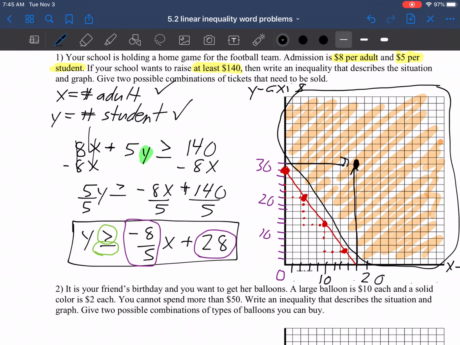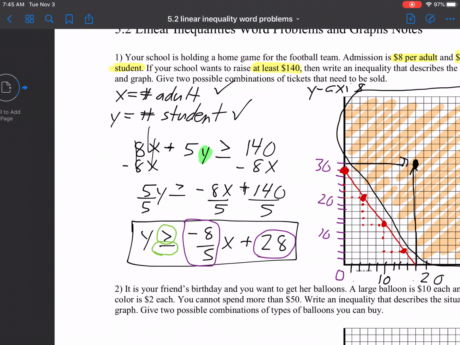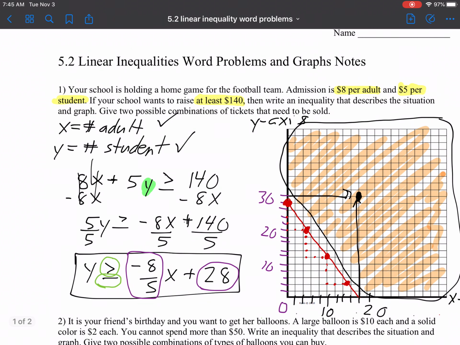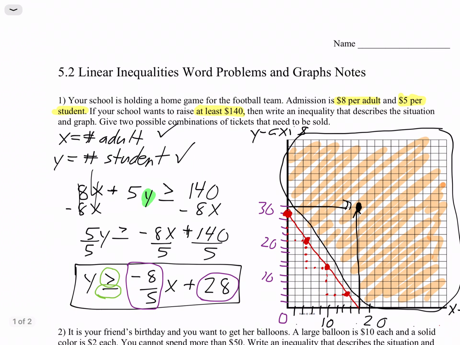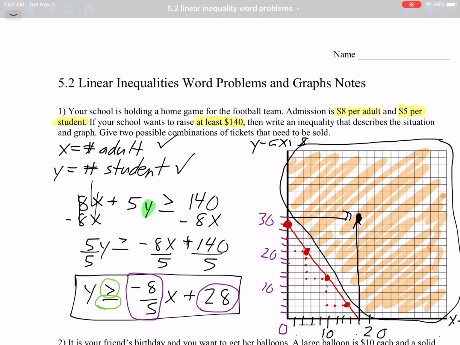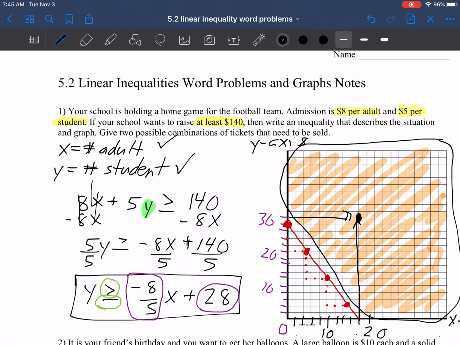Which means 18, comma 30, if I could write that down as a solution, means one of your answers for this problem is where you sold 18 X values, so that's adult tickets, and you sold 30 student tickets. So that's one scenario where you would get at least $140.